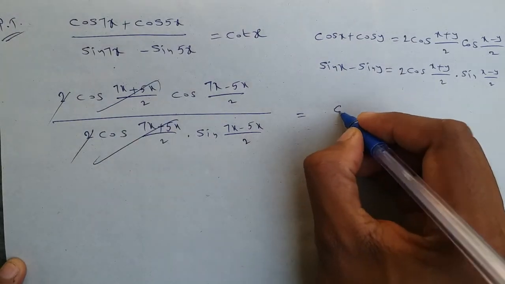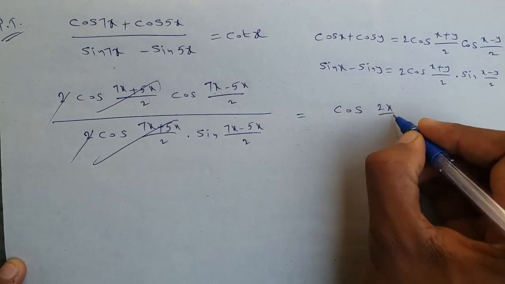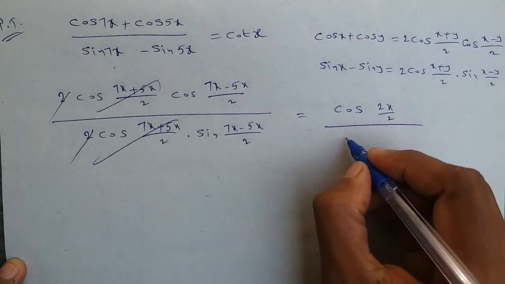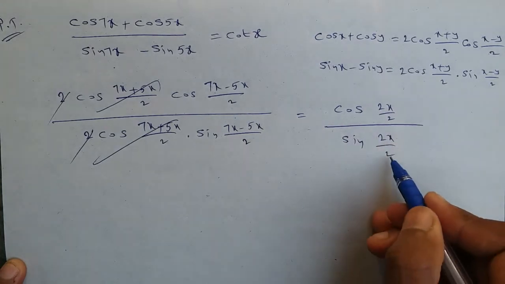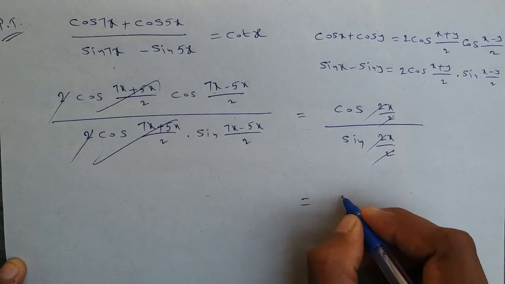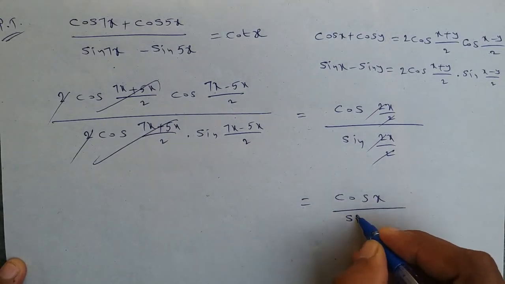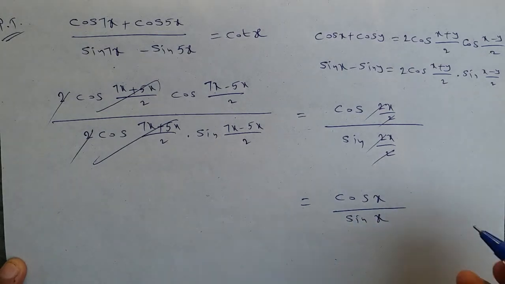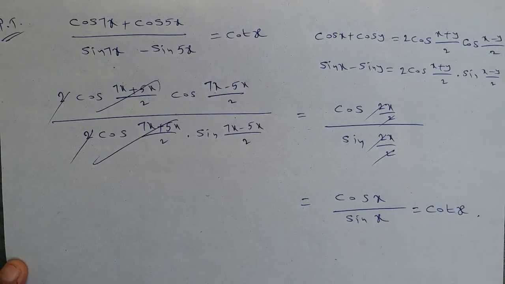So we remain with cos of 7x minus 5x, 2x by 2, divided by sin of 7x minus 5x, 2x by 2. Here 2 will get cancelled. So we remain with cos x in the numerator divided by sin x in the denominator. So cos x divided by sin x is equal to cot x. So hence proved.